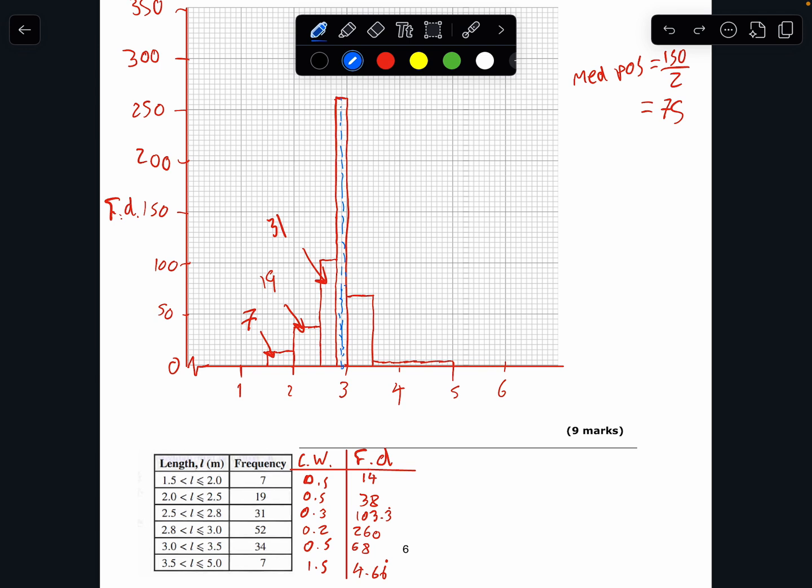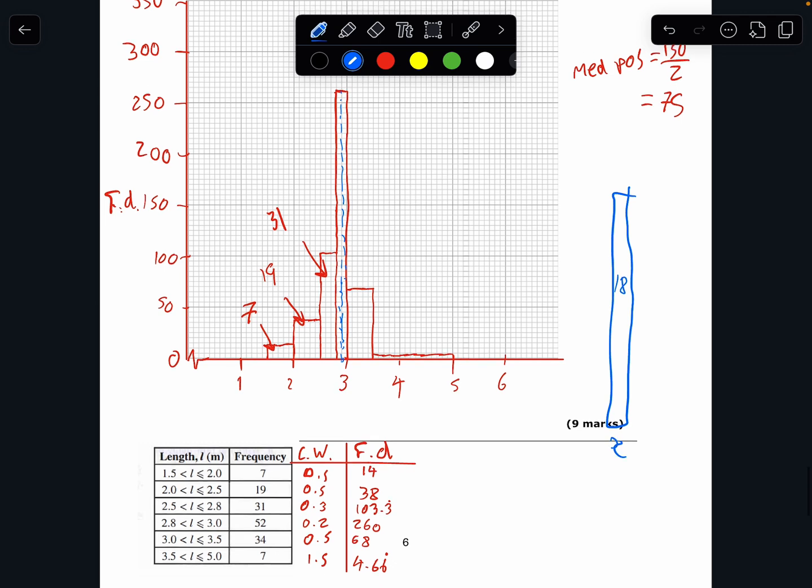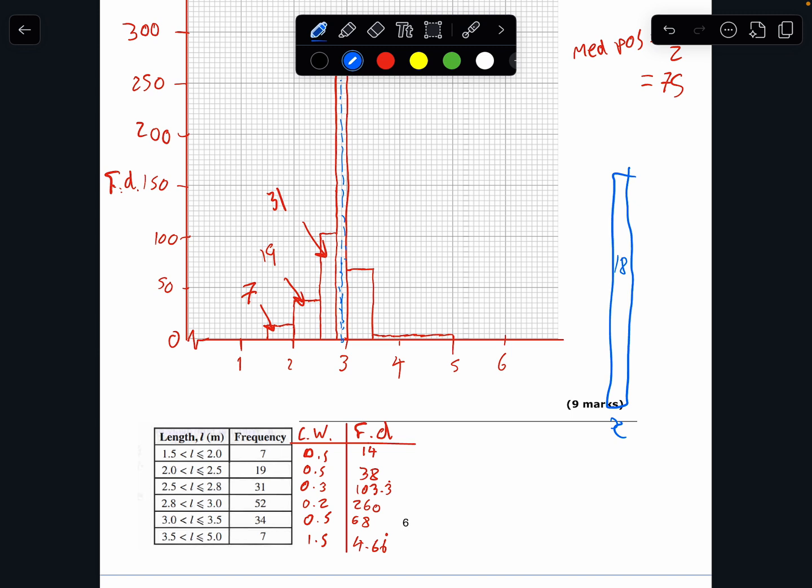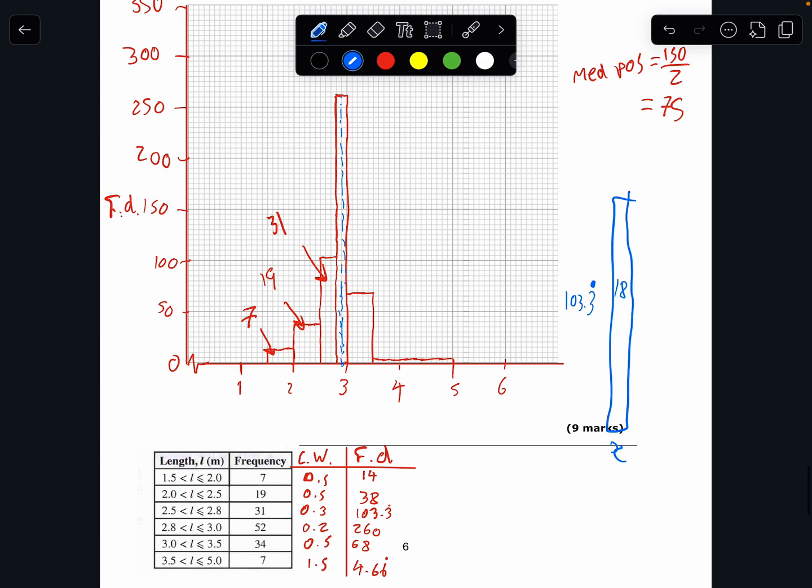To get me to 75 at this point, I need another 18. So I've got a kind of big rectangle that looks like this, that has an area of 18. We don't know its width, but I do know its height because I know its frequency density, and it's this 103.3 reoccurring. Okay, and we need to use that 0.3 reoccurring, otherwise it's not going to work.